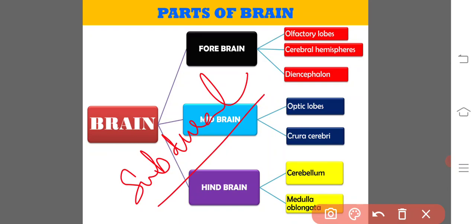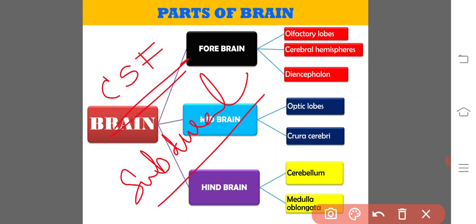It is filled with a fluid called the cerebrospinal fluid, CSF, which protects the brain from different physical and mechanical shocks.